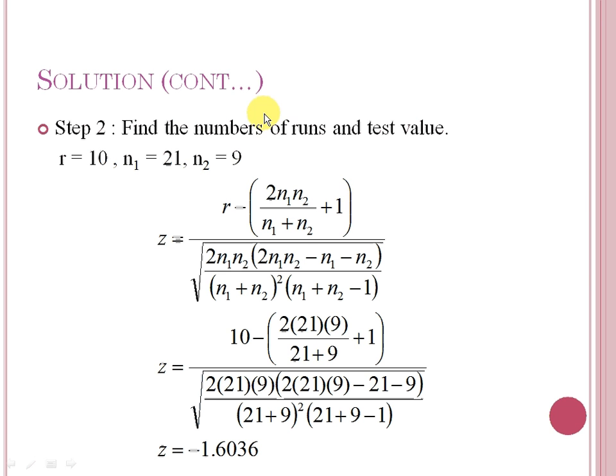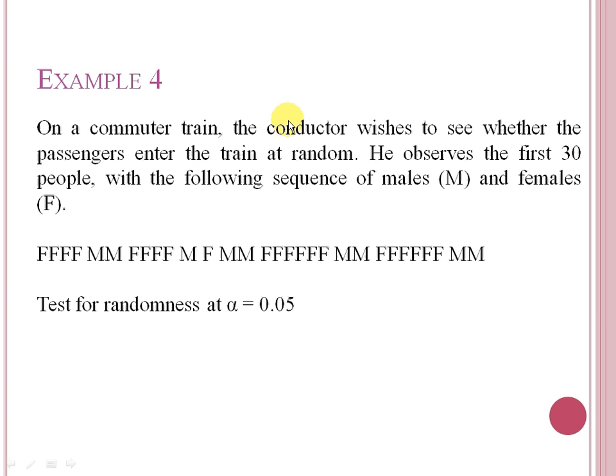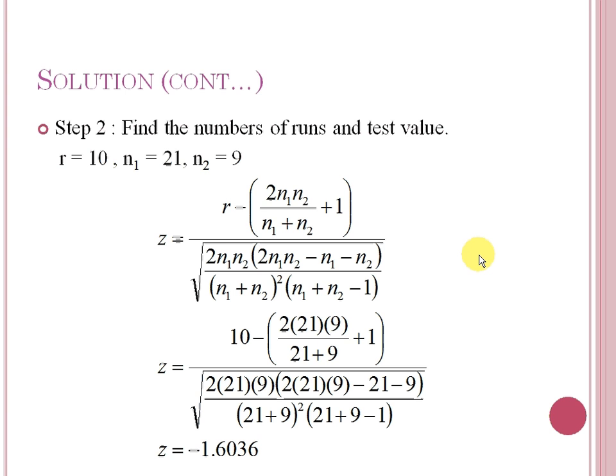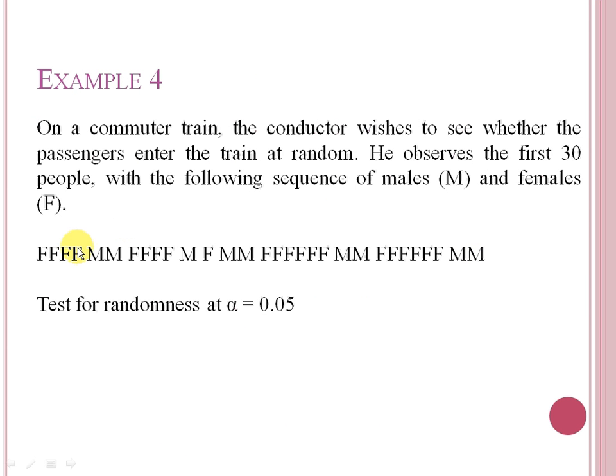Then we have the same H1 and H0: random, not random. And then we find the number of runs. Looking here, the number of runs is 1, 2, 3, 4, 5, 6, 7, 8, 9, 10, so 10 runs. Then we can find N1 and N2.